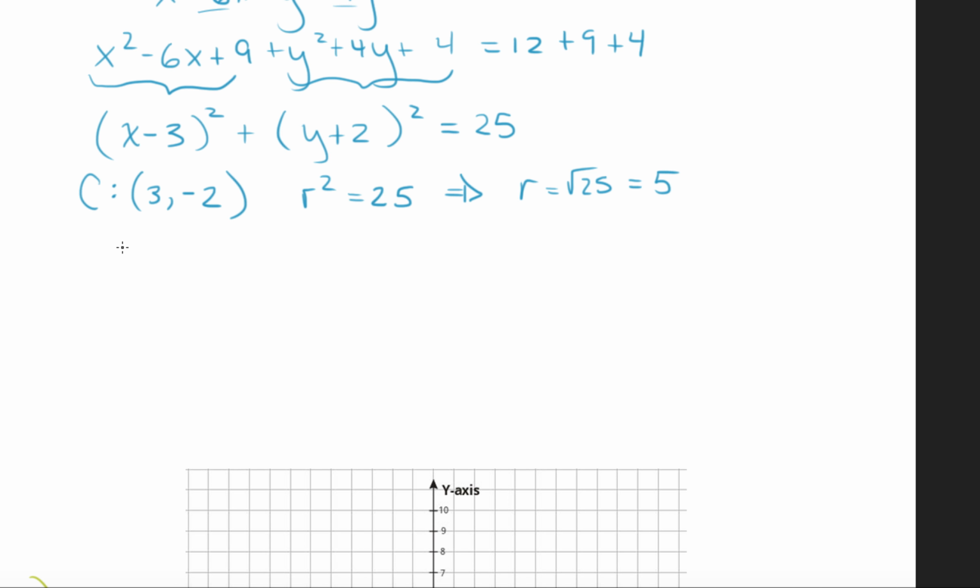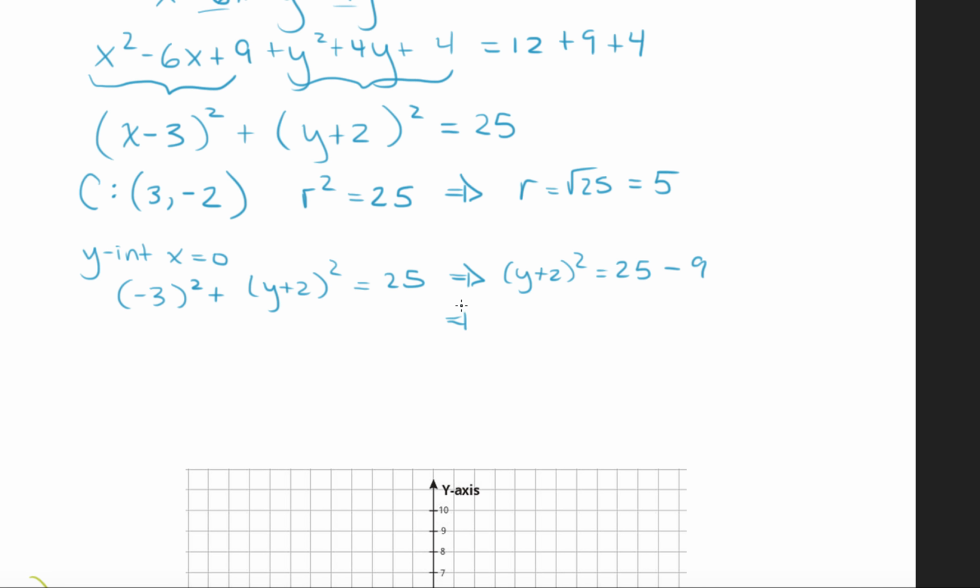For the y-intercepts, we plug in 0 for x. So you're left with negative 3 squared plus y plus 2 squared equals 25, which implies y plus 2 squared equals 25 minus 9. So you're left with y plus 2 squared equals 16.